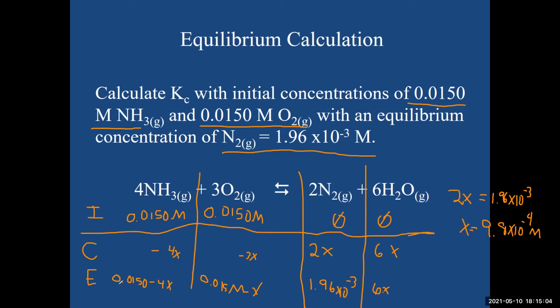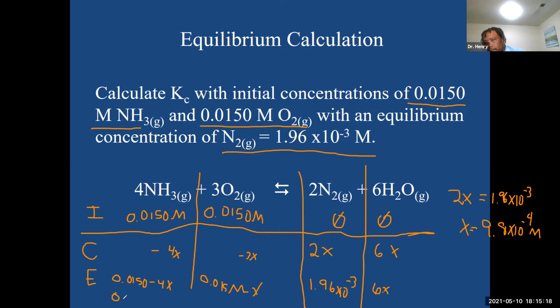That's exactly what you do. And then you just solve for your concentrations here. So it's 0.015 minus 4x, so that's 0.0111 molar.